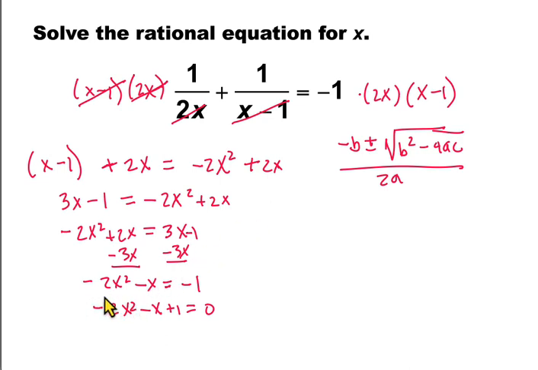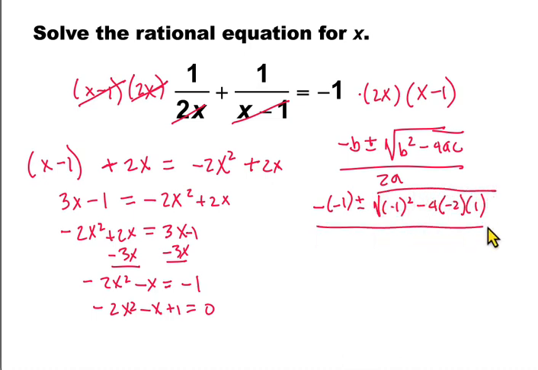A is negative 2, b is negative 1, and c is positive 1. So plug in those values into the formula. So we get minus negative 1 plus or minus the square root of negative 1 squared minus 4 times negative 2 times 1, divided by 2 times negative 2.